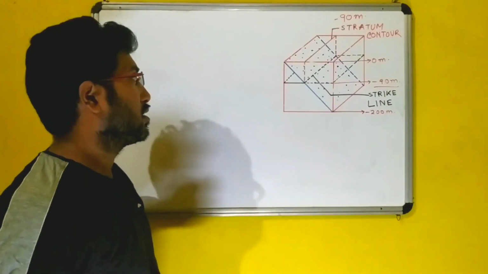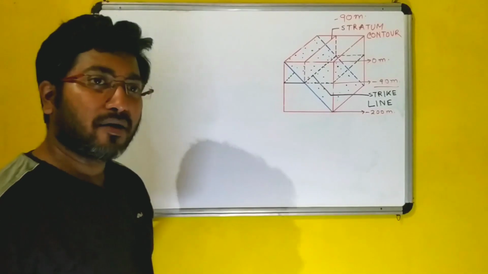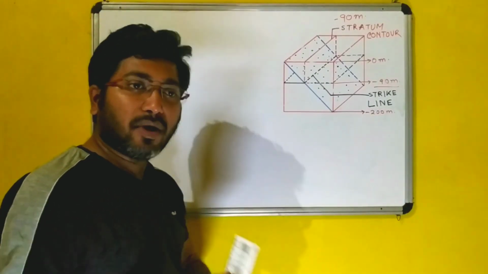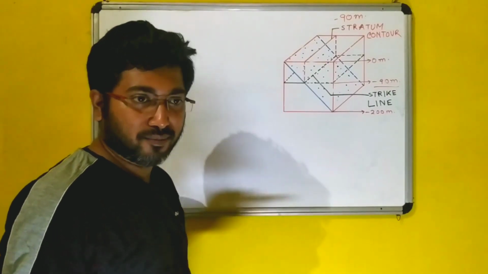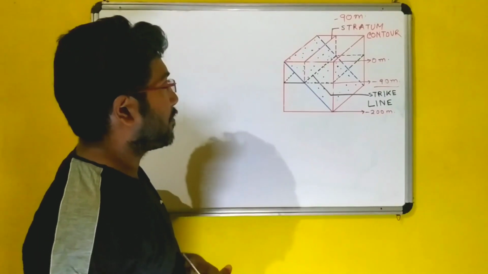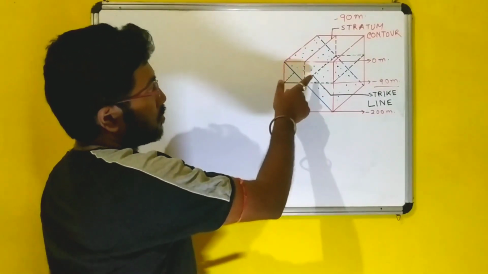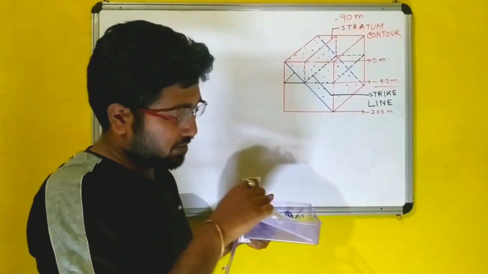True dip, the definition of true dip is the maximum dip one inclined surface can have. That is called true dip. So the true dip actually happens to be on the direction perpendicular to the straight line. Suppose this is the inclined plane.